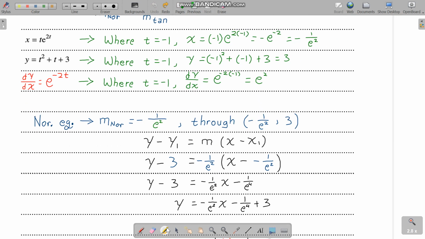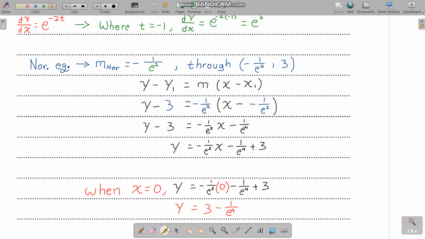So we have the gradient and we have the point, x comma y. Now we use the y minus y1 formula. This is y1, this is x1, this is m. We plug in everything and we get the normal equation.